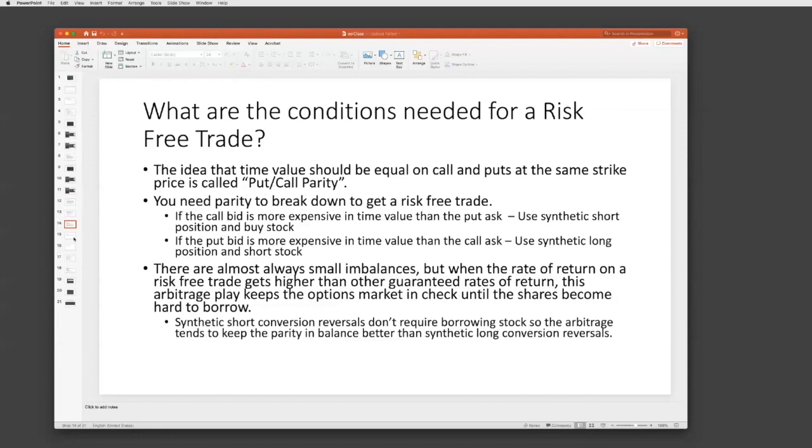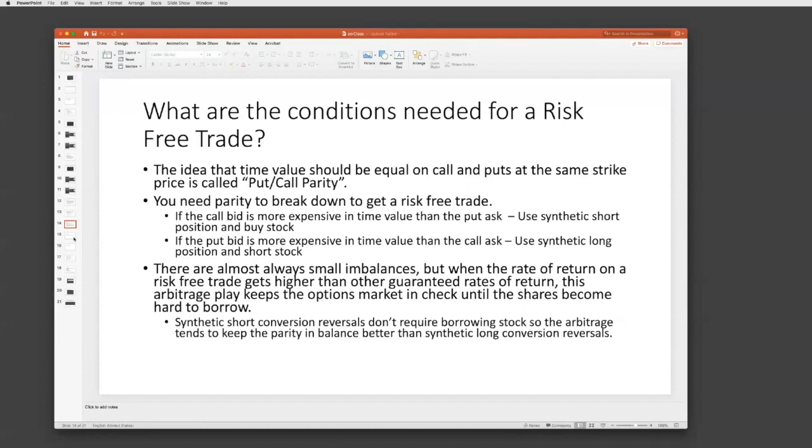So if you're looking at a synthetic long position, then you're actually shorting the stock, and when the exercise takes place, as the time value disappears from that trade, that's when you would be exercising to buy the stock and offset your short position. And that's what would happen at expiration.